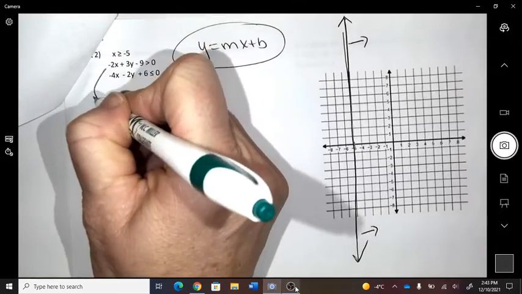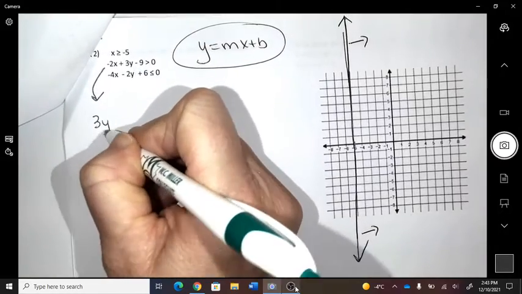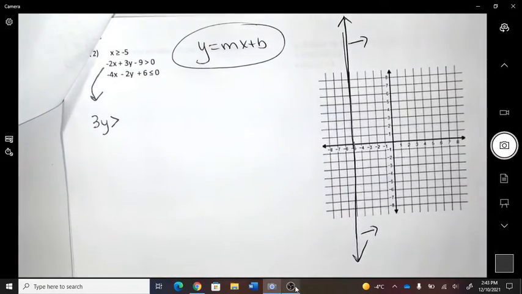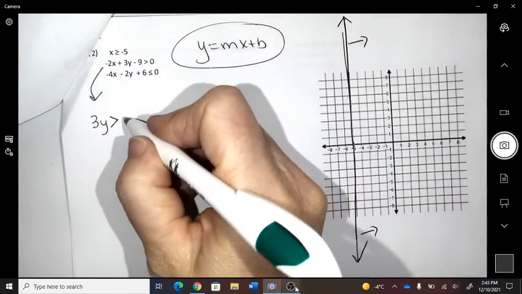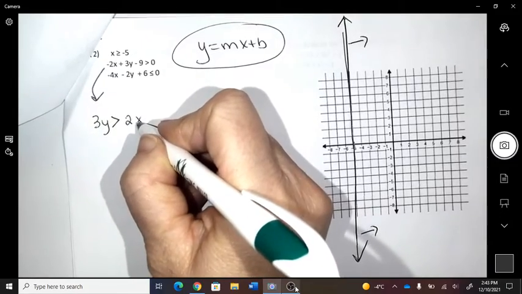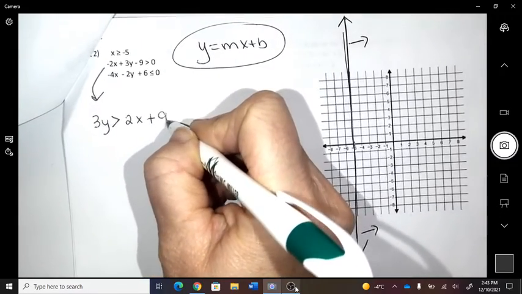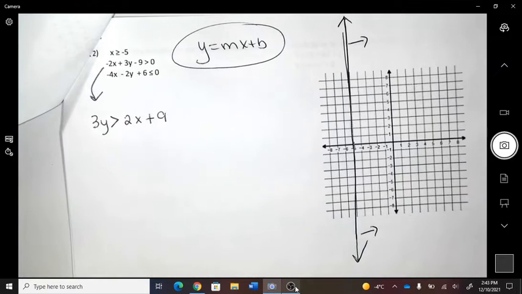Okay, so here we go. 3y is greater than, I'm going to move the x part, I'm going to move the number part. So how does it look when you move it across? 2x plus 9. I changed the signs of that, right? The 3y I didn't move. It was on the left side and it's still on the left side, right?